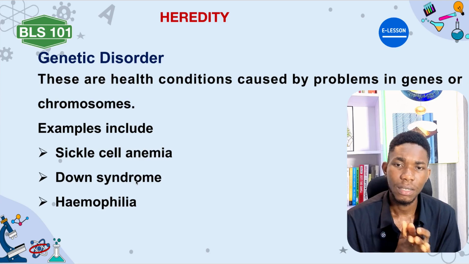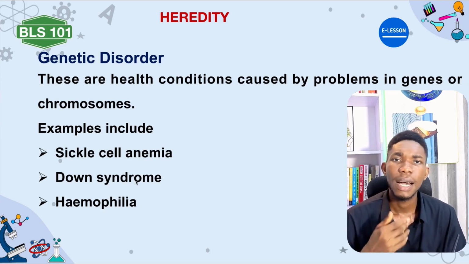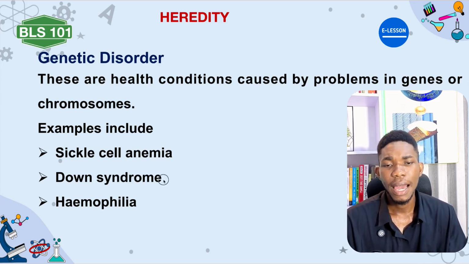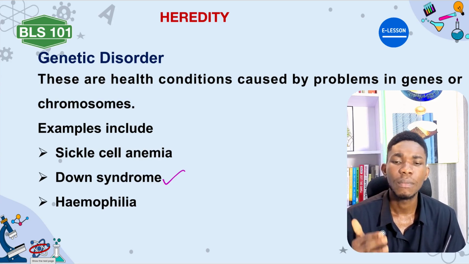So we call them genetic disorders. Examples include sickle cell anemia, Down syndrome, and hemophilia. I have actually looked at Down syndrome, where we said Down syndrome is trisomy 21, but we'll still discuss it a bit here. So these are health conditions caused by problems in genes or chromosomes.